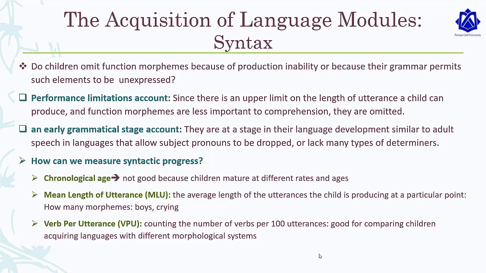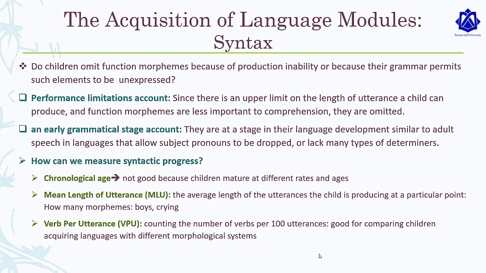So the question, based on these experiments that show that the performance of children lags behind their comprehension, their linguistic knowledge, is why do they omit functional morphemes? Is it because they are not able to produce them, or is it because their grammar lets them leave some elements like functional morphemes unexpressed?